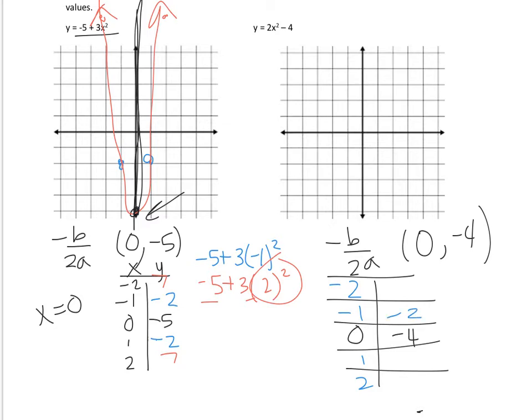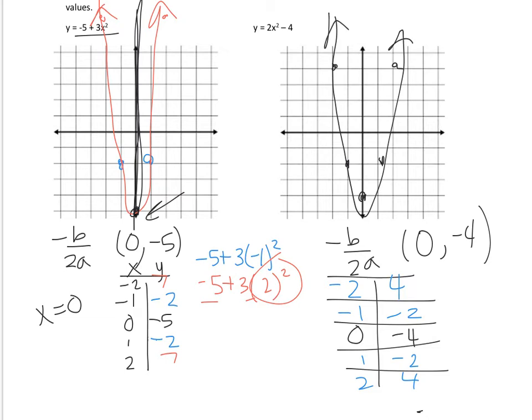So when I get -2, which means 1 has to be -2 because of symmetry. And I plug in 2. So this is 4 and 4. So I plot the y-intercept, 0, -4. And 2, 4, -2, 4.